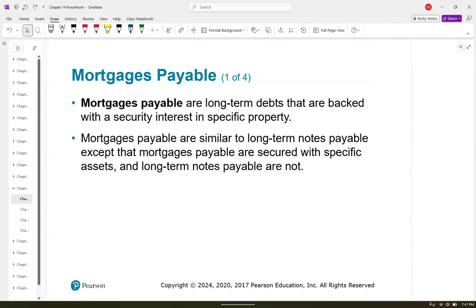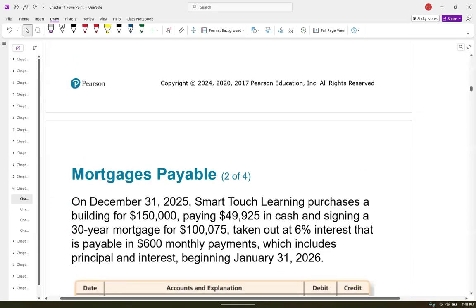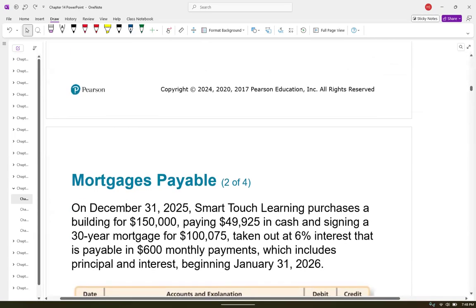Okay, so mortgages payable are very similar to long-term notes payable, except that mortgages are secured with a specific asset, while long-term notes payable are not. Okay, so here we have an example for mortgages. So we are on December 31, 2025. Smart Touch Learning purchases a building for $150,000, paying $49,925 in cash and signing a 30-year mortgage for 100,075.